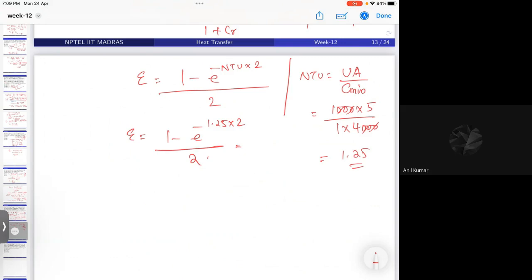Let me visualize. It's 0.082, right? 1 minus 0.082 by 2.